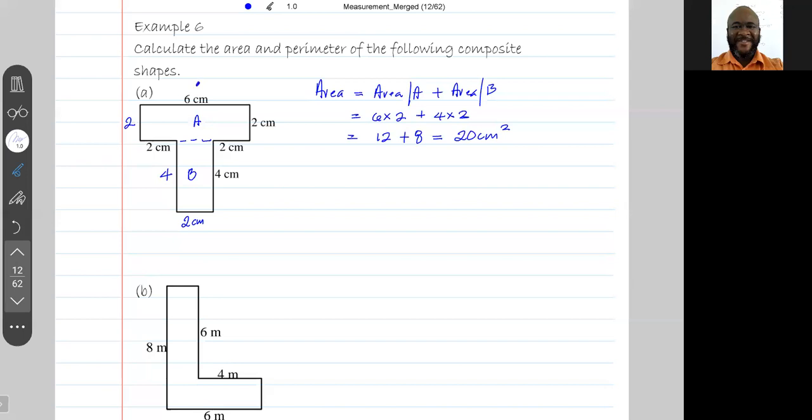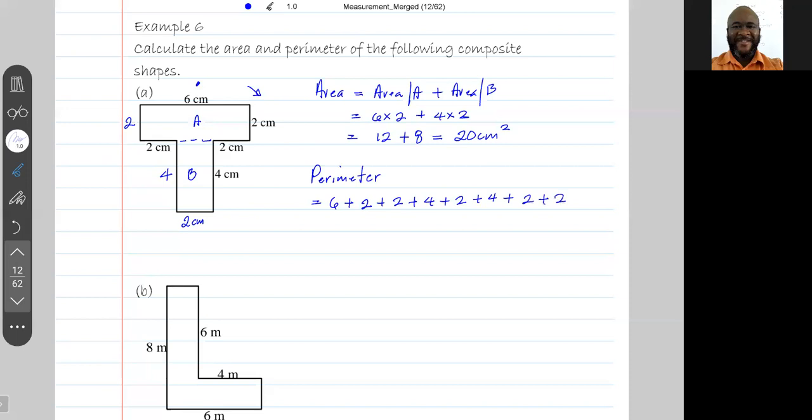I'm starting at the 6, so the perimeter would be equal to 6 plus 2, so I'm going to the right, plus 2 plus 4 plus 2 plus 4 plus 2 plus 2.